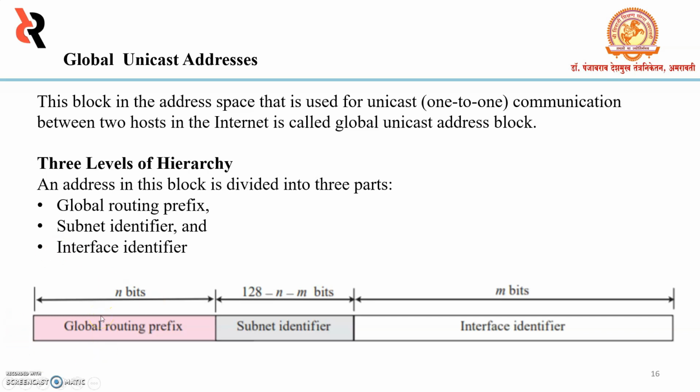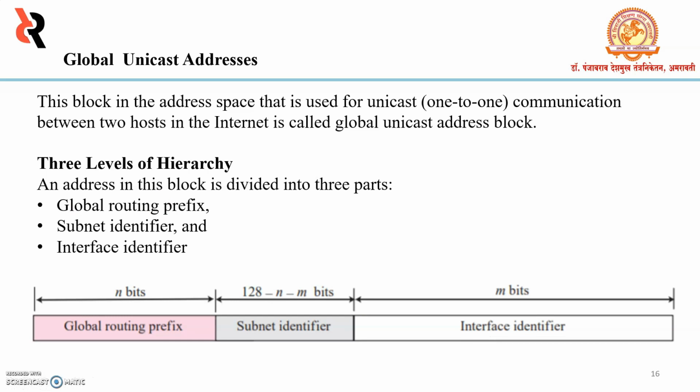The second part is the subnet identifier. The next 16 bits define a subnet in an organization. This means that an organization can have up to 2 raised to power 16 subnets, which is more than enough. And the third and last part of this hierarchy is the last 64 bits, which define the interface identifier.